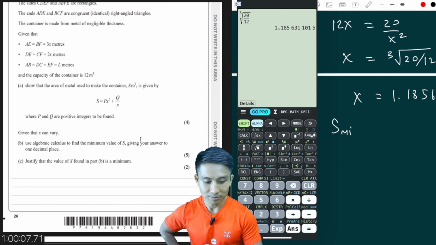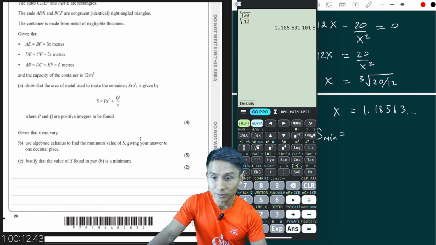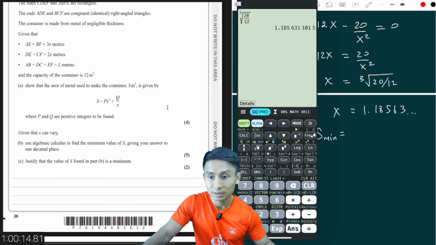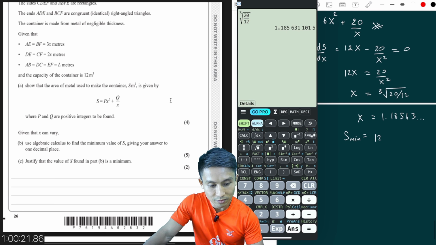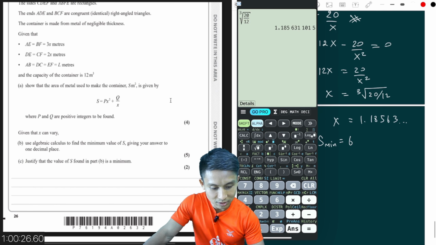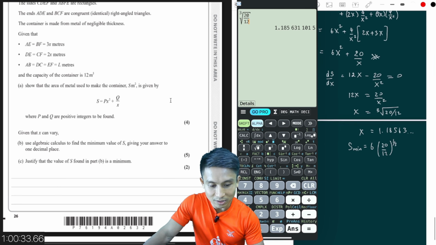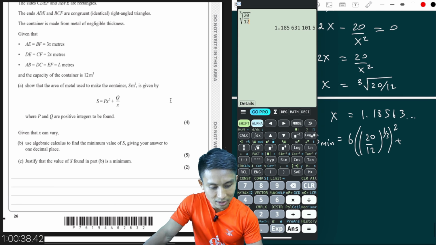So s minimum equals... what's the equation again? Not 12, 6x squared, so 6, and this guy, I'm just going to make it index form like that, and then we need to raise that to the power of 2, and then plus 20 over this, basically.